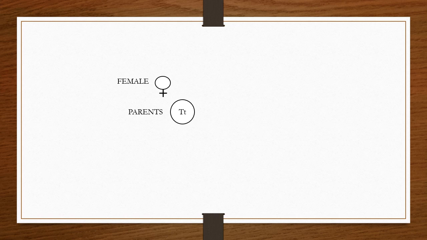Because if you consider the parents of this starting, that means before the formation of F1, F1 individuals are formed by using the parent factors, that is capital T and small t. These two are homozygous. So that's why these two factors are separated during gamete formation. Two gametes are formed, each one with capital T.